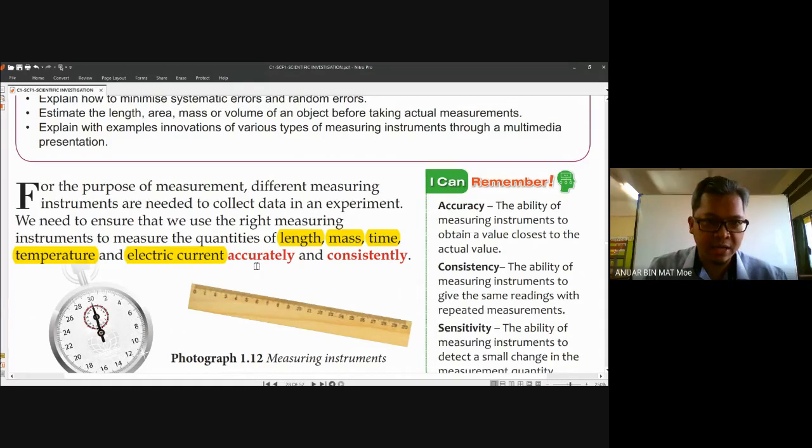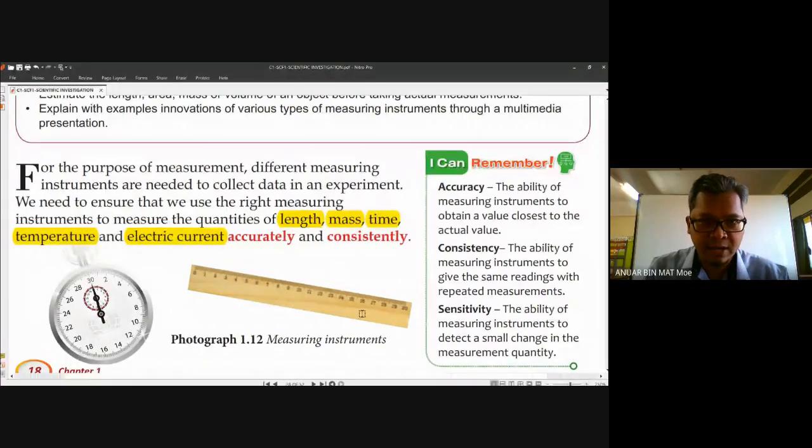This is the basic physical unit you must remember. In order to measure these physical units, you must have the tool, or the instrument, or the apparatus to measure that object. For example, you already told me we want to measure the length of an object. We use a ruler. A ruler is one of the measuring instruments.